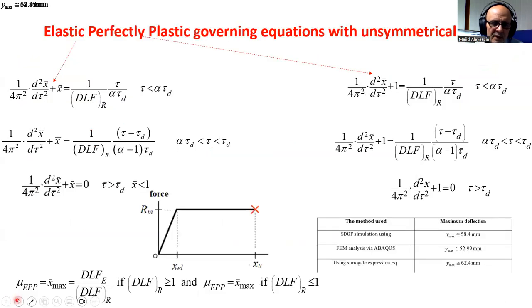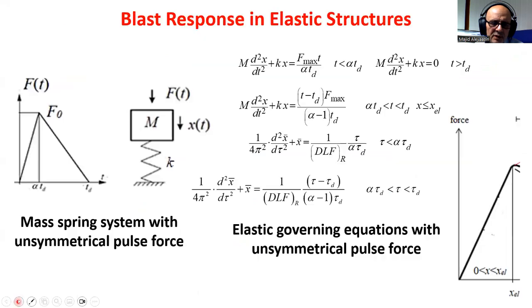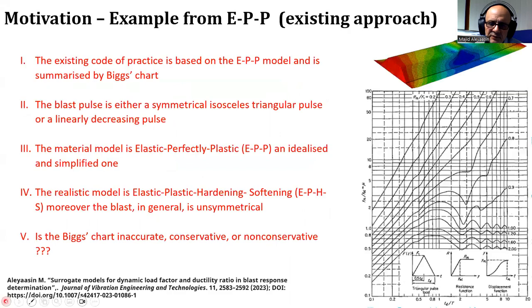Okay, now if I go to the background, these equations are straightforward. You have seen all of them, three equations: rising, falling, and after blast. We write these equations, then we summarize them, abbreviated in non-dimensional form, such that we solve these differential equations. We directly get the ductility, which is written here.